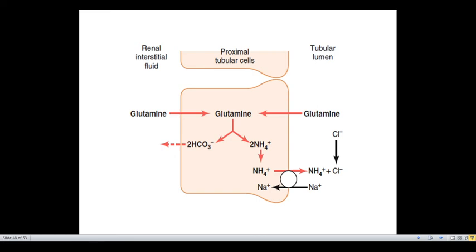The ammonium ion is secreted into the lumen by a sodium ammonium ion exchanger. Note that for each glutamine molecule metabolized, 2 ammonium ions are produced and secreted in urine, and 2 new bicarbonate ions are returned to the blood.